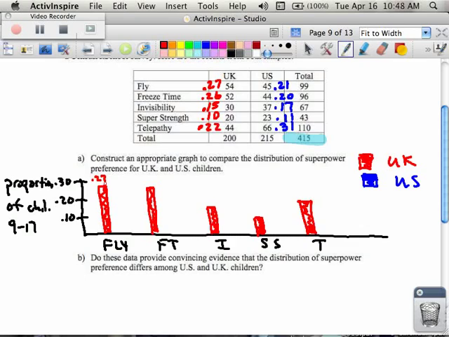And then I'm going to do the same thing for the US. So in the US, it was 21 for the flying, for its proportion, 20 for the freeze time, it was 17 for invisibility, for the super strength, it was 11.